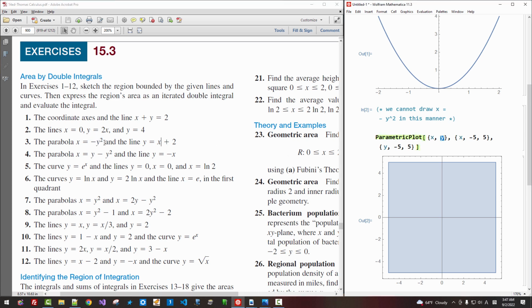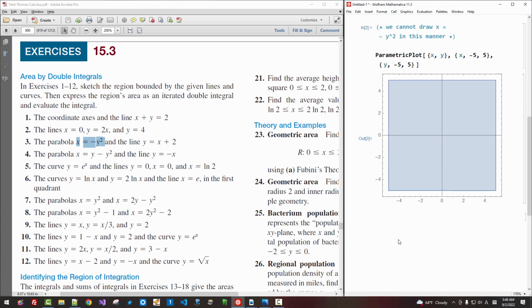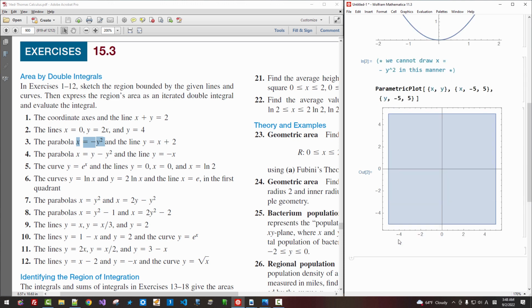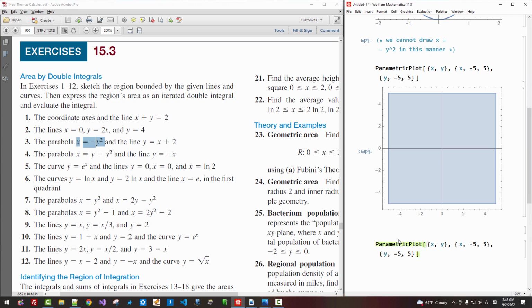Now we have to solve this equation. I copy this function, paste. X is negative y square. This is y.